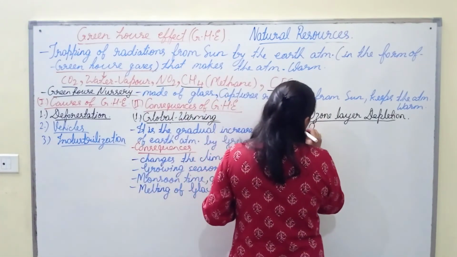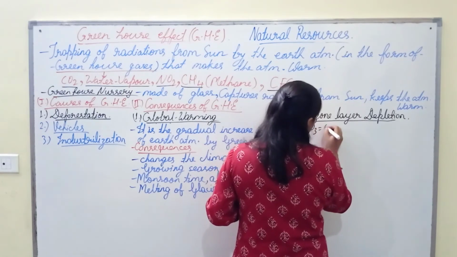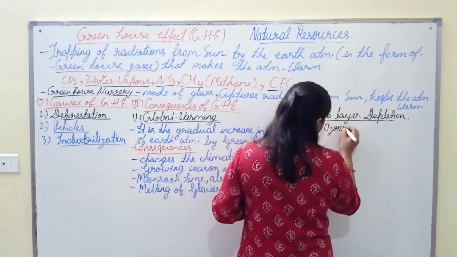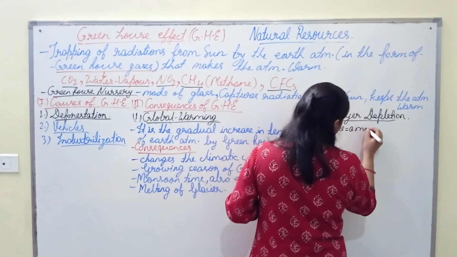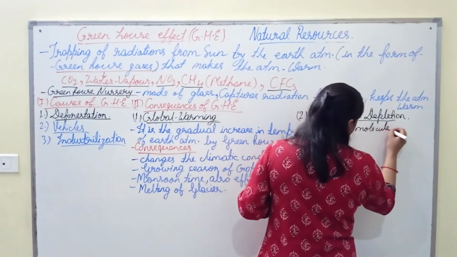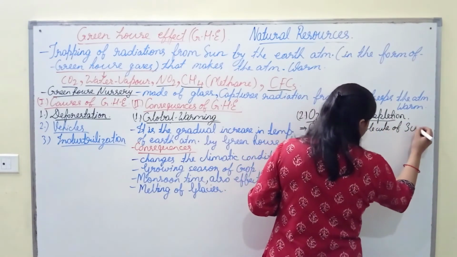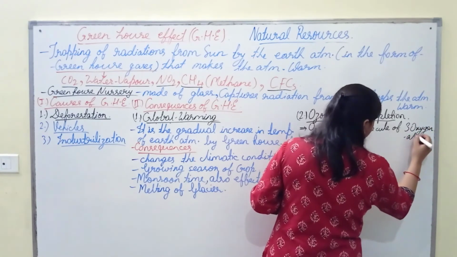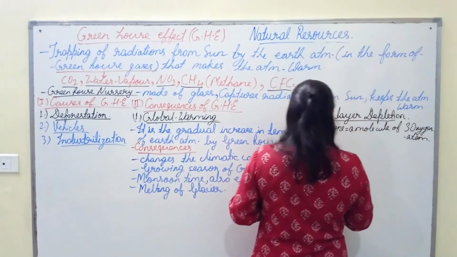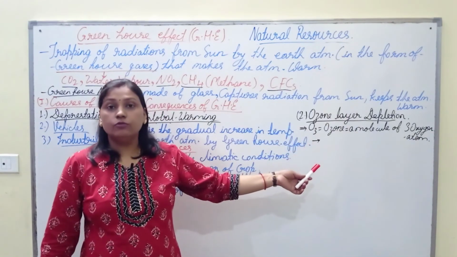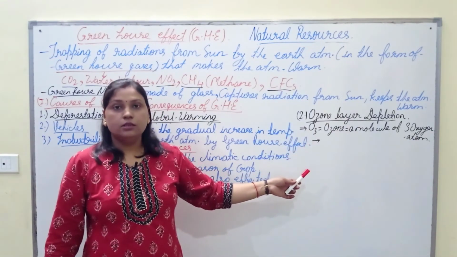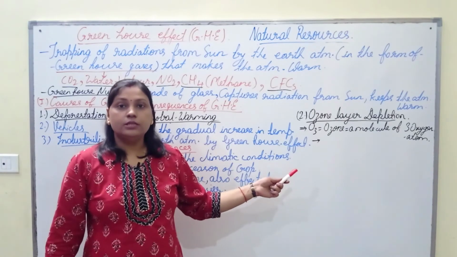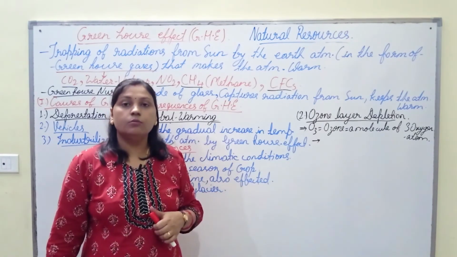So this O3 is ozone, a molecule of 3 oxygen atoms. Even though this ozone is harmful, it protects us from the harmful radiations, that is ultraviolet radiations coming from the sun.